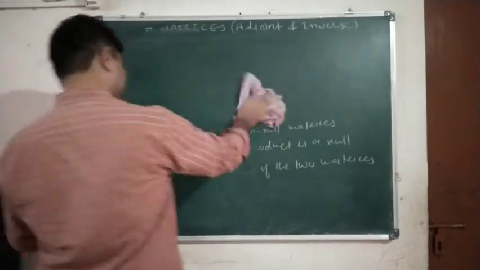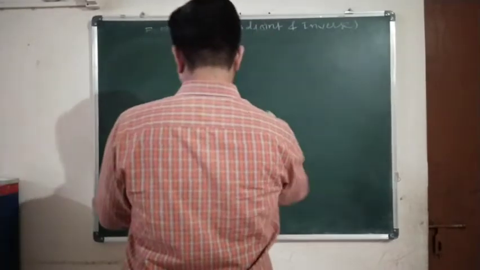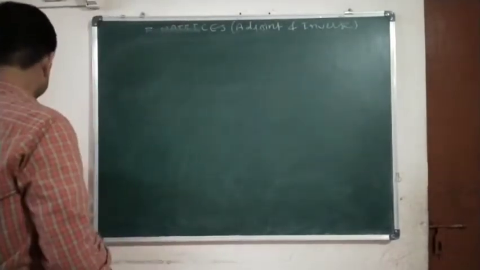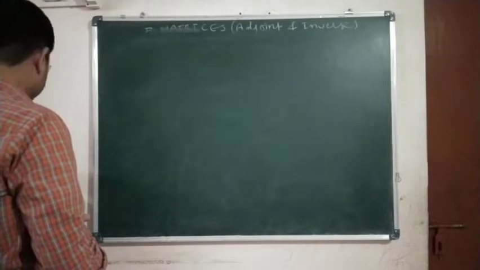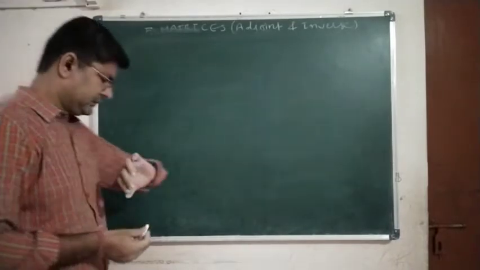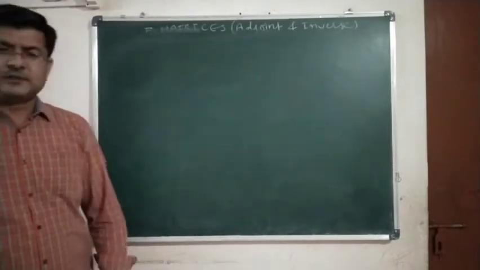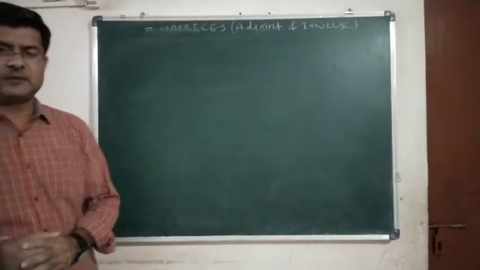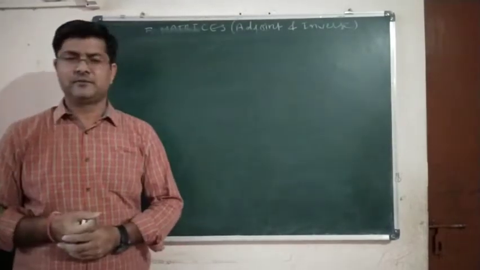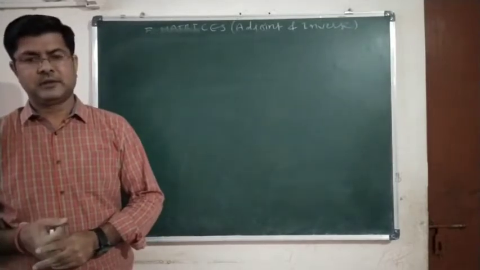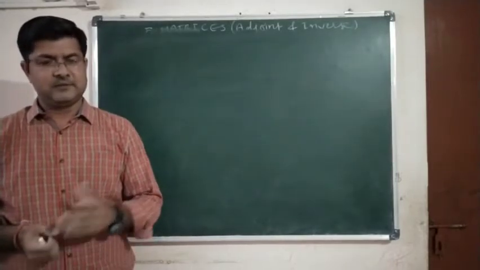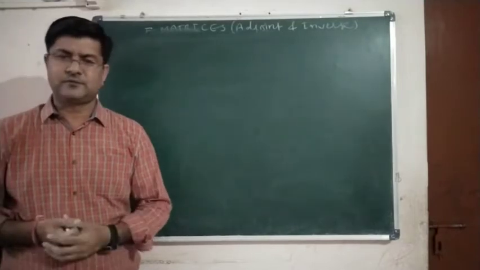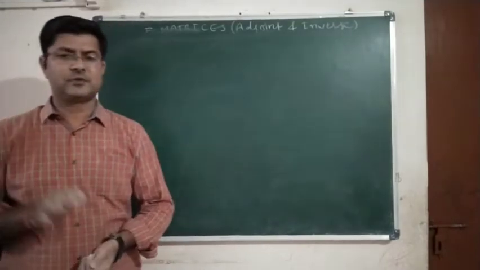Now, on the basis of these properties and the theorems, you can find out the inverse and adjoint. Clear? And then we can start the exercise. First exercise is of finding the adjoint and the inverse only.